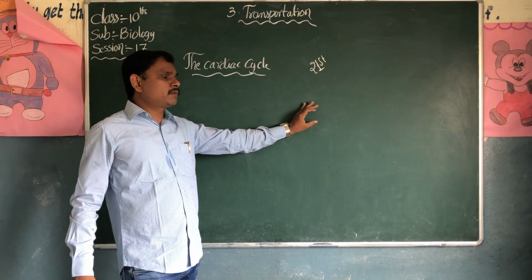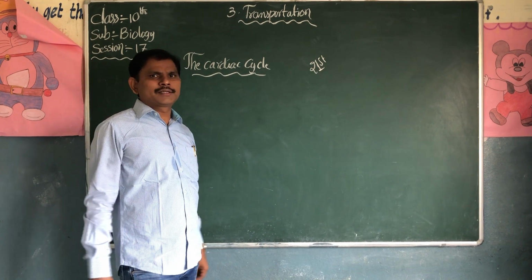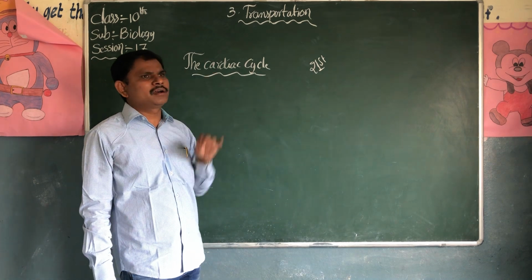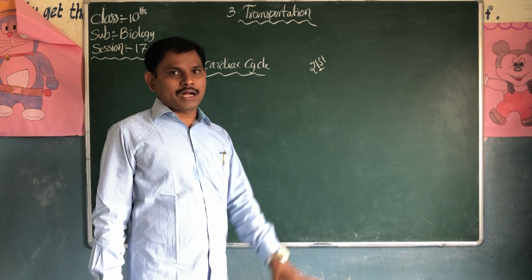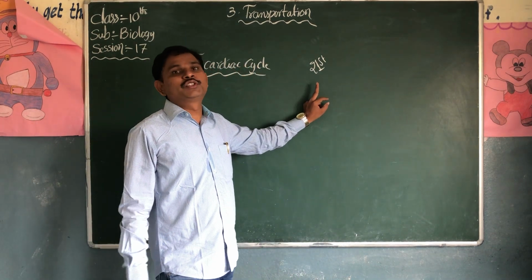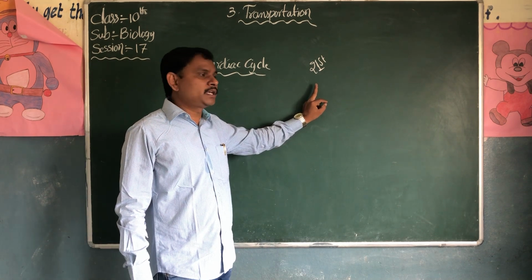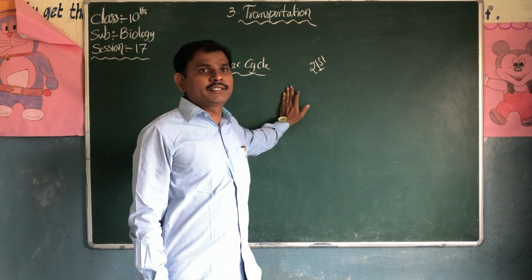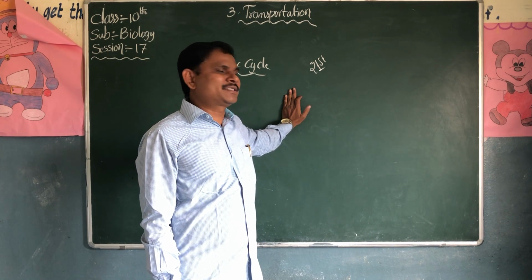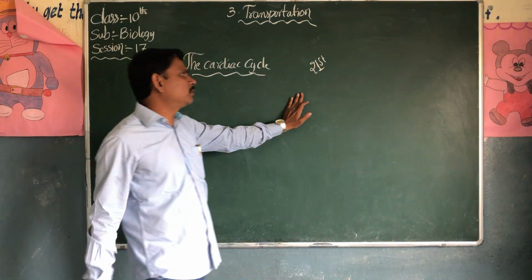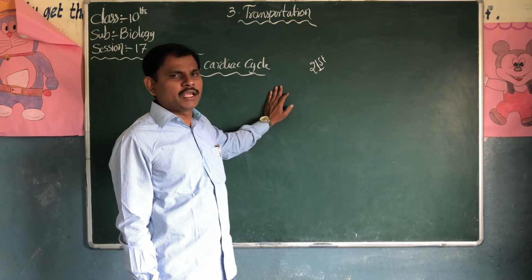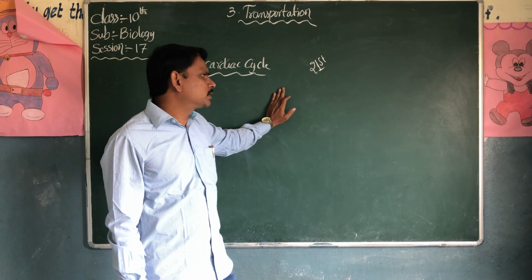There are no body organs formed, hands, legs, heads are not formed, but the first organ, the heart, starts beating on the 21st day. Recently, some scientists discovered that the heartbeat starts around 15 days. But in your textbook, during embryonic development, on the 21st day the heartbeat will start.